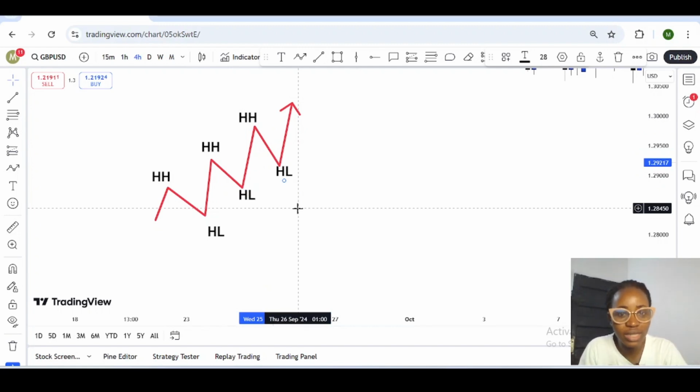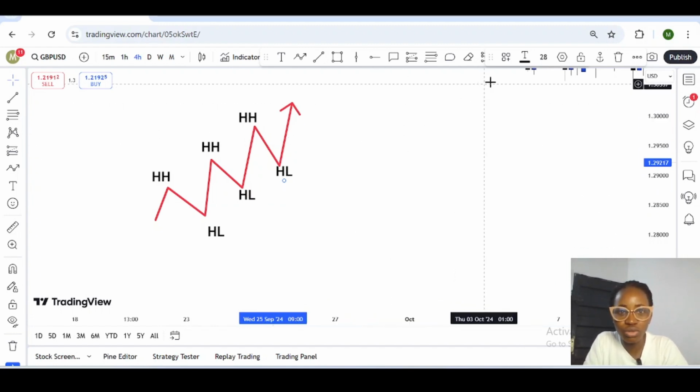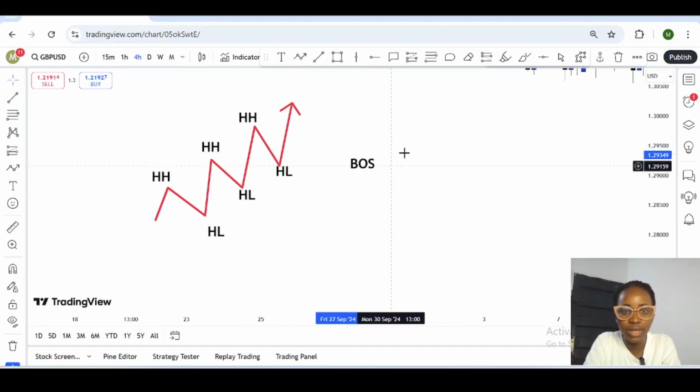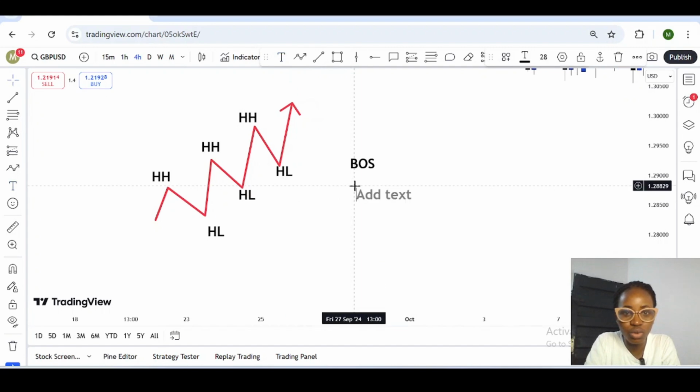And to further understand this market structure based on the SMC concept, we need to add what is called a break of structure, something like this, a break of structure. And we also need to bring in what is called a change of character. This change of character can also be called a market structure shift.